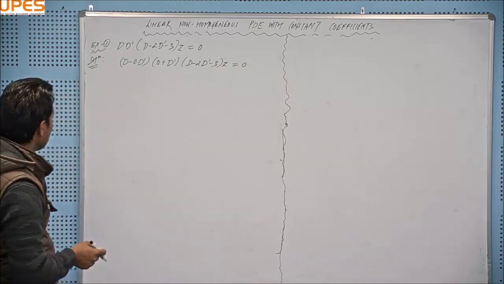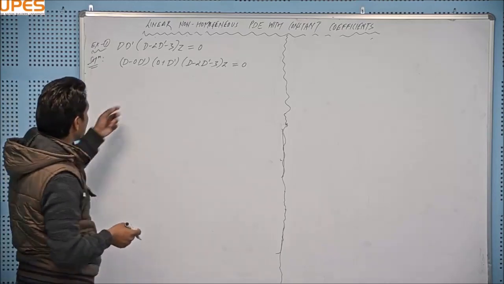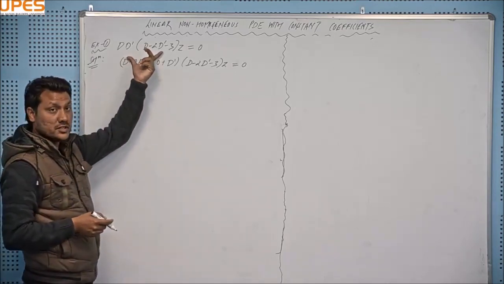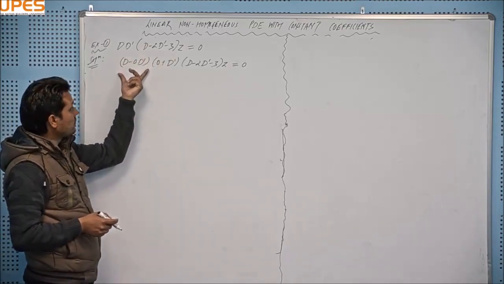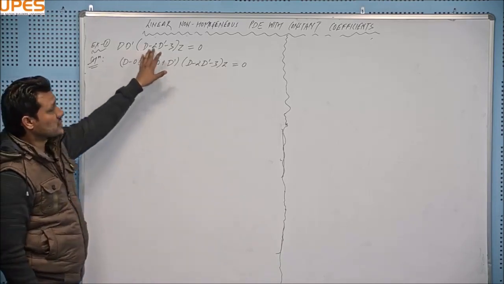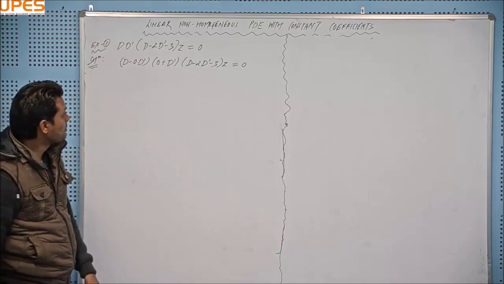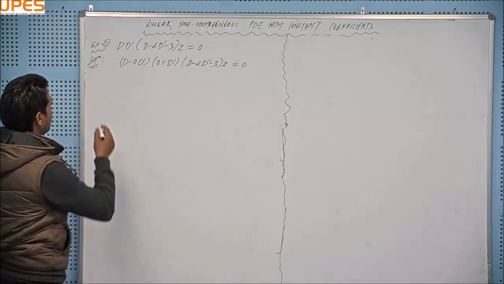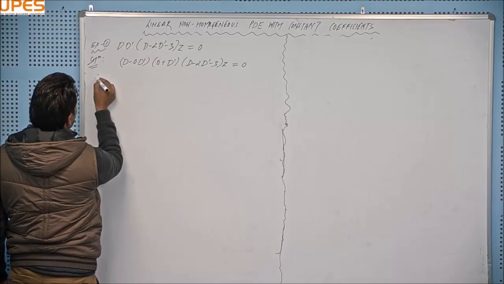So what we just need is to express this given non-homogeneous linear PDE in terms of product of linear factors, and luckily this time I already have these as the product of linear factors, right? So now the only thing is to write the solution.